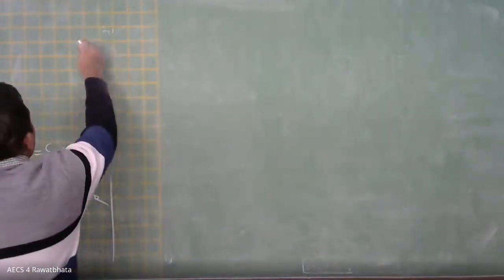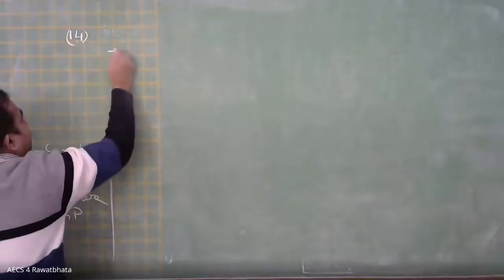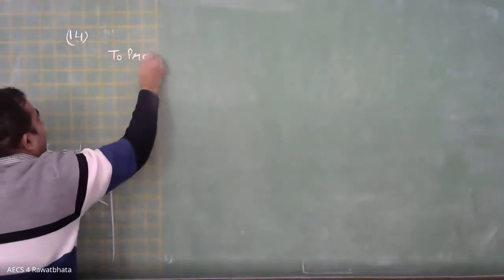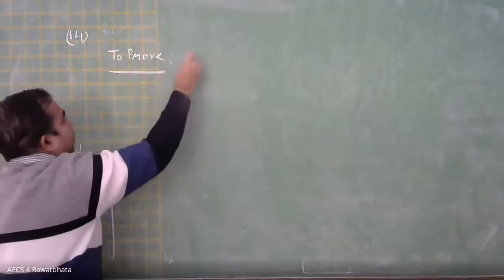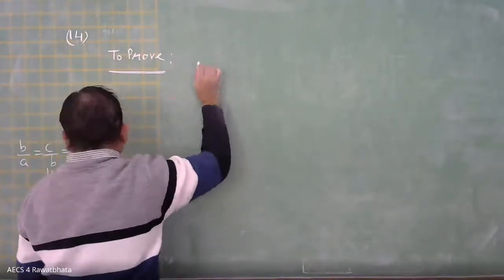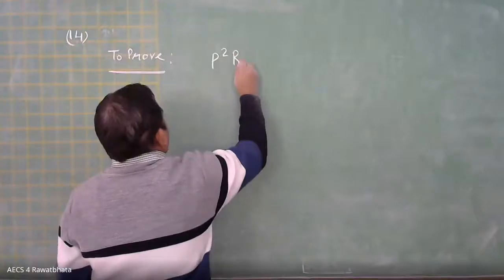Which question is it? 14th. What do we have to prove? P squared R to the power n equals S to the power n.